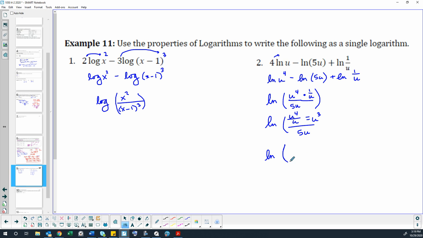So I'm pretty sure my overall answer, if I haven't lost u yet, is u squared over 5, because my u to the 4th times 1 over u turns into u to the 3rd, and then my u to the 3rd divided by 5u turns into u squared over 5. So here is my simplified single logarithm answer.